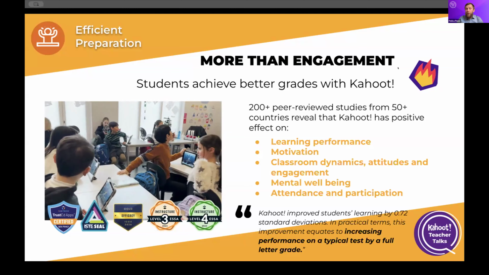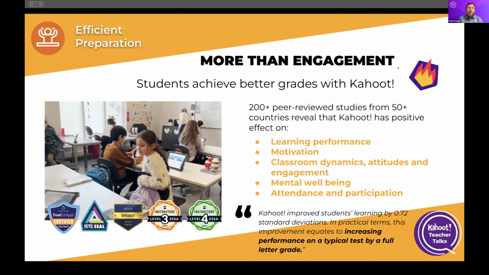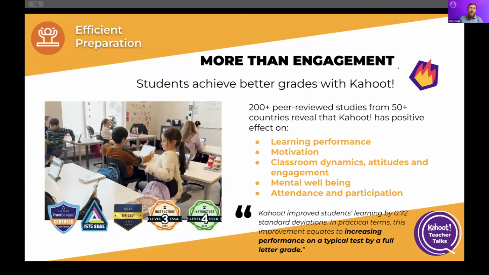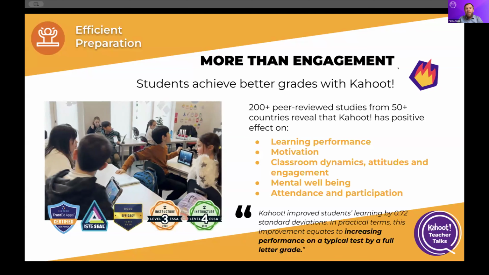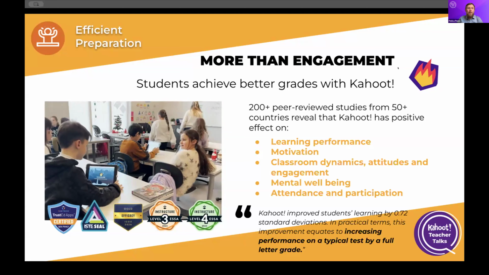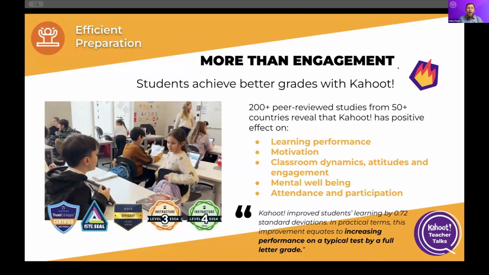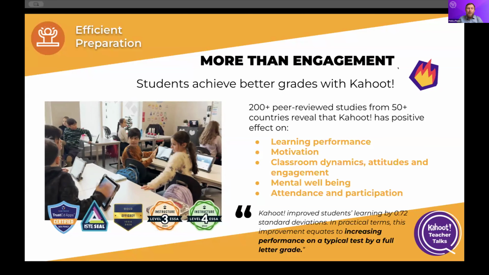For example, only last year, two larger meta-analyses on Kahoot were published. A meta-analysis is a study that combines dozens of peer-reviewed quantitative articles, so they are actually measuring how big the effect of some tool is.